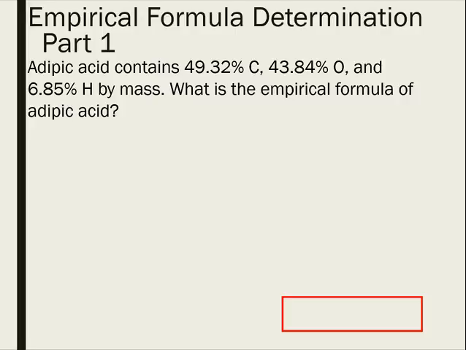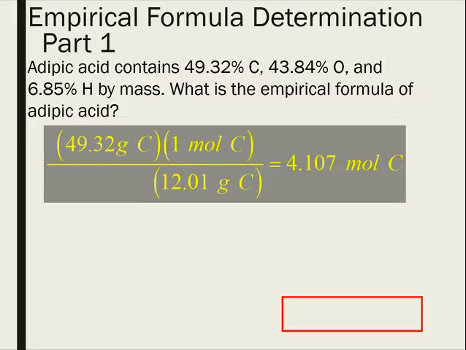We'll take that value and we will convert it using dimensional analysis, like we've been doing, and we'll convert it to a number of moles of carbon. It'll look like this. 49.32 grams of carbon converted into moles of carbon.